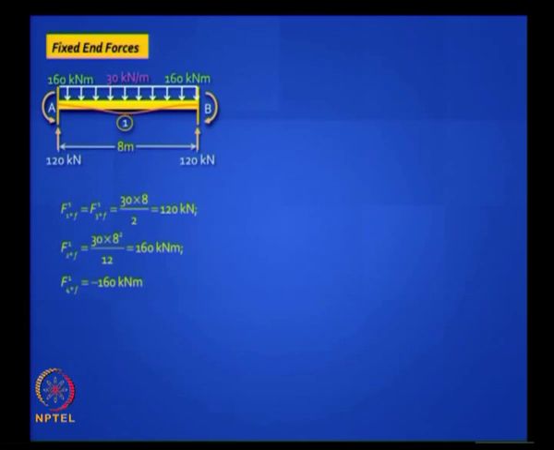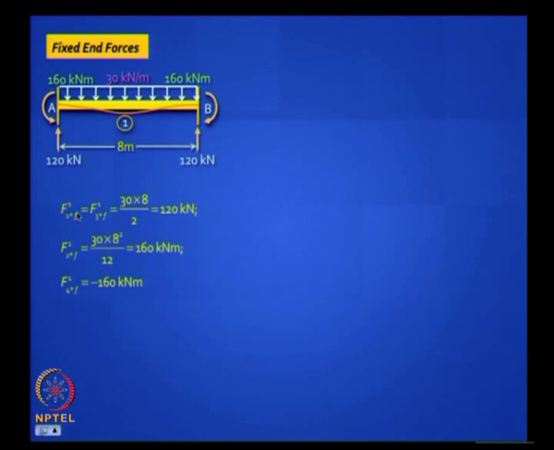UDL in the first element, wL squared by 12 are your fixed end moments. Your vertical reactions will be total load, which is in this case 30 into 8 divided by 2. So these are easy to work out, but you should use the right notations. You have 120 kilonewton, 120 kilonewton acting upward.